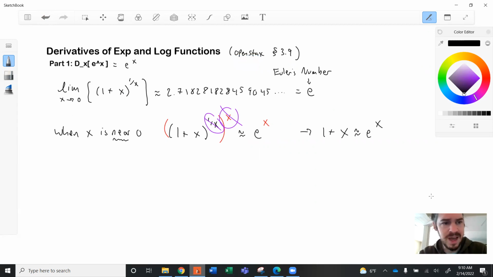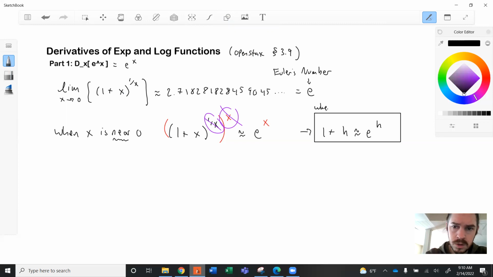Now we're going to use a version of that doesn't involve x. Instead of x, our version is going to involve delta x, or h as we call it when we use a limit in a difference quotient. So that is the approximation we're going to use. It's valid when h is near 0. And the nature of a limit is such that this approximation gets more and more accurate the closer you get to 0.